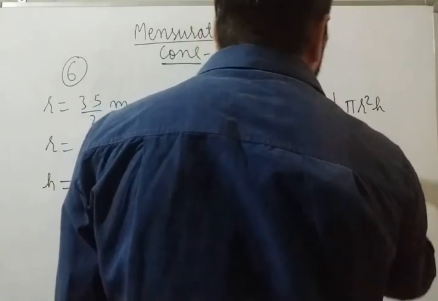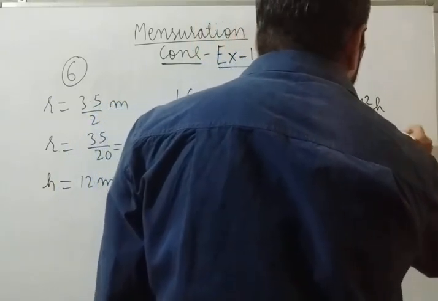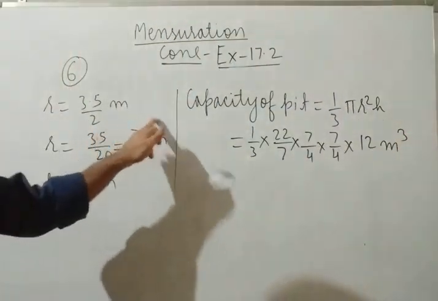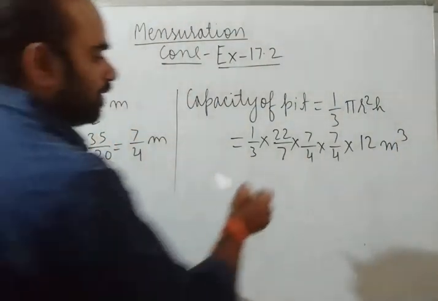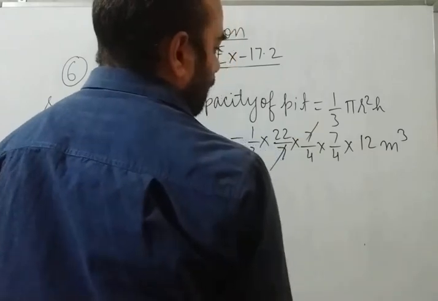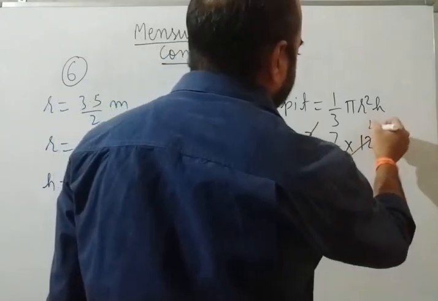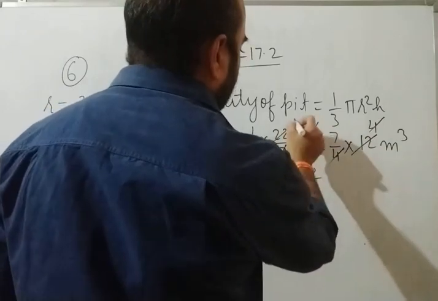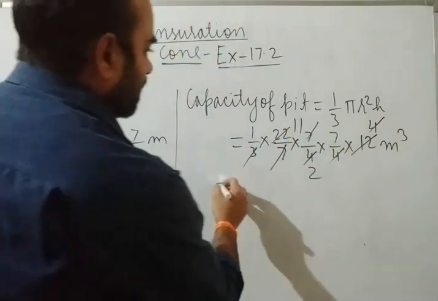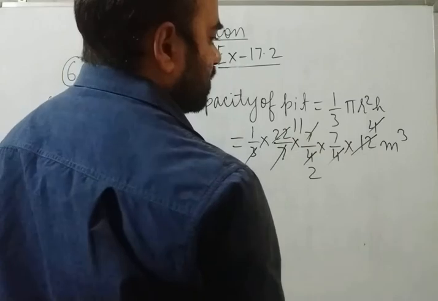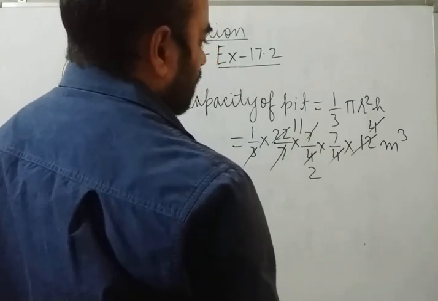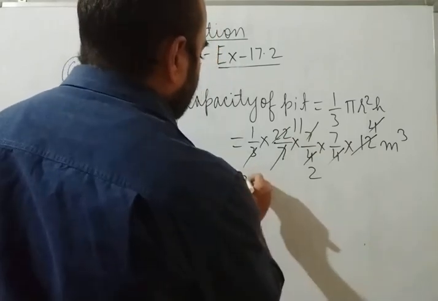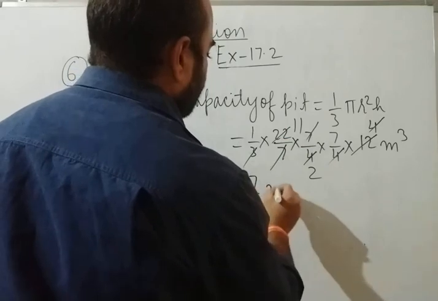H is 12. This will come in meter cube. Why? All are in meter. So first of all, 7, 7 cancelled. 3 into 4, 4 and 4 cancelled. 12 and 12 cancelled. What is left? We can see 11 into 7, only 11 into 7, 77 by 2 meter cube.